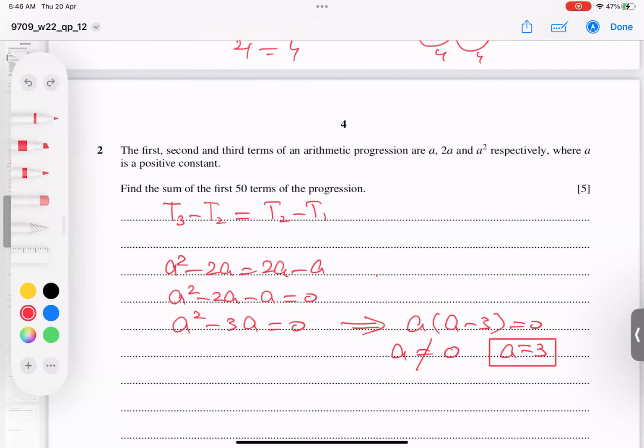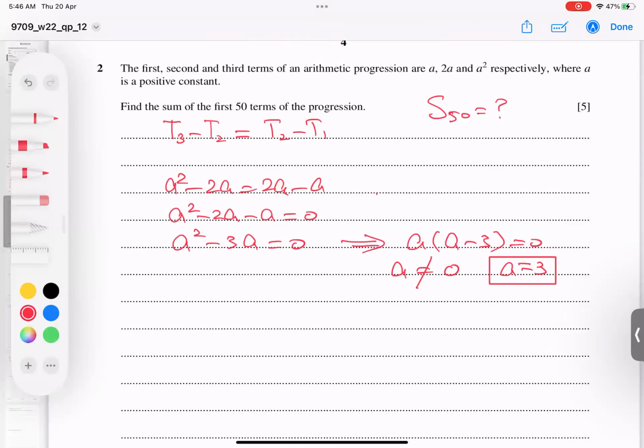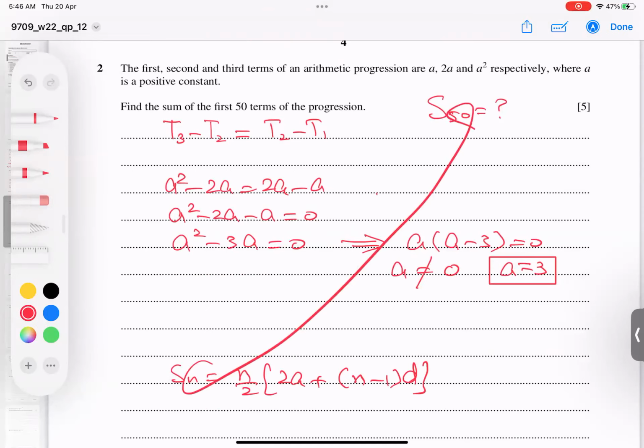And he's asking further, find the sum of the 50 terms. So S50 is our target. But students, you know, whenever we apply the S_n formula, n divided by 2 into 2a plus (n minus 1) into d. I have a first term, I will plug in here. I have 50, I will plug in every n value, but what is missing? d.